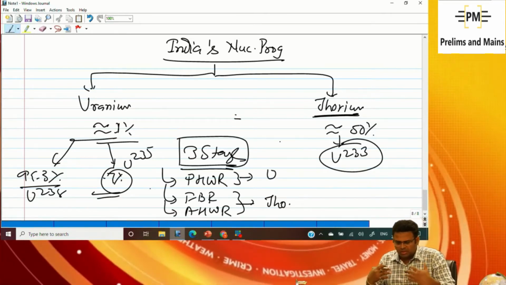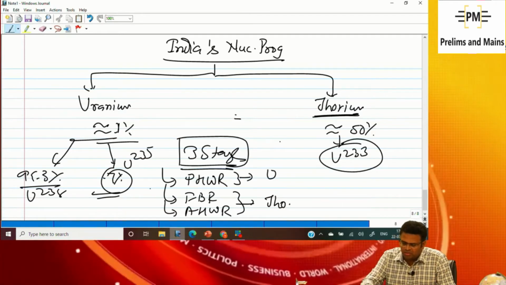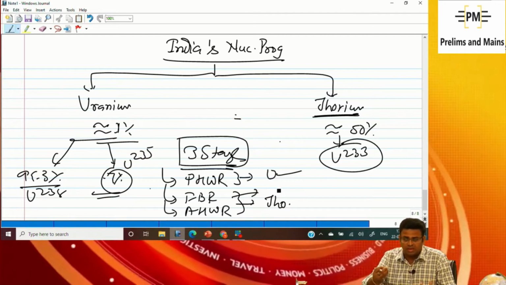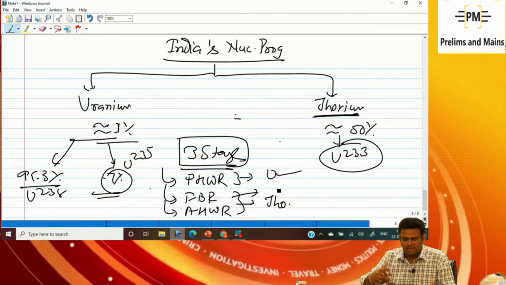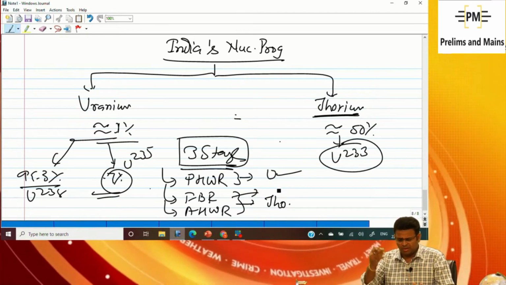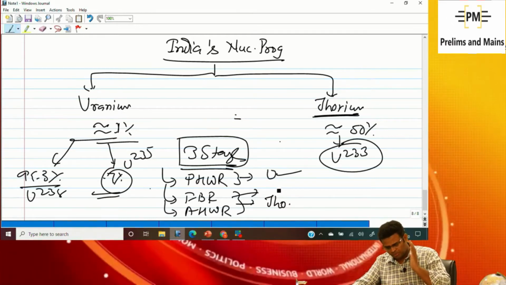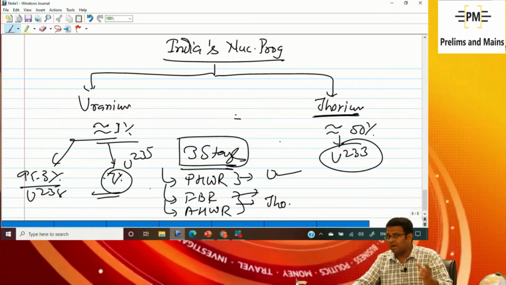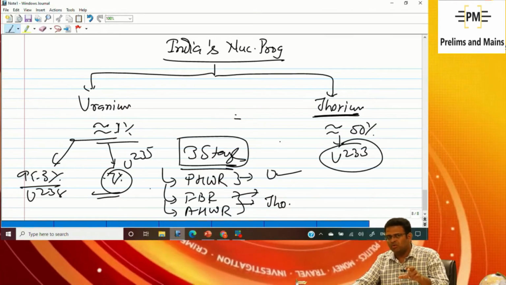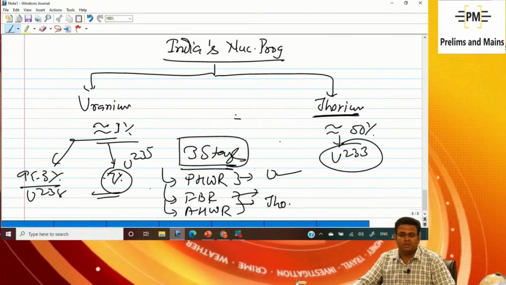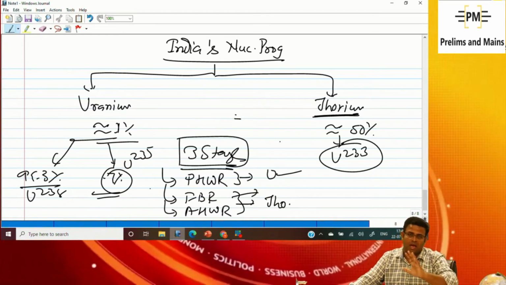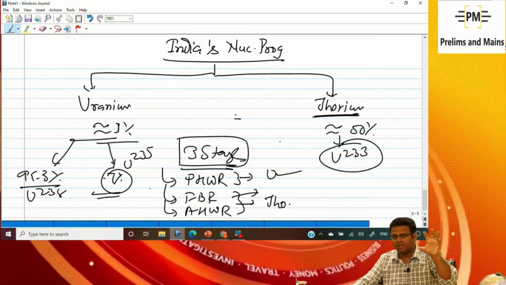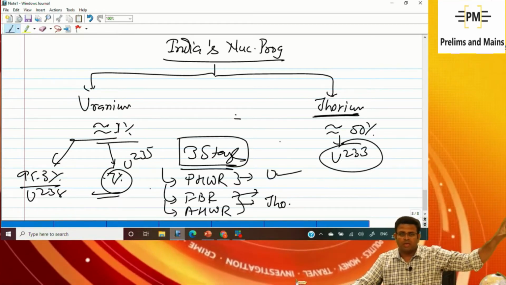Uranium is used in the first stage. In the second stage a little bit of uranium also, plutonium, and thorium. But the third stage is the advanced heavy water reactor. When I finish it today you will enjoy, wow, what India has done, and that this thought was structured so many years ago.